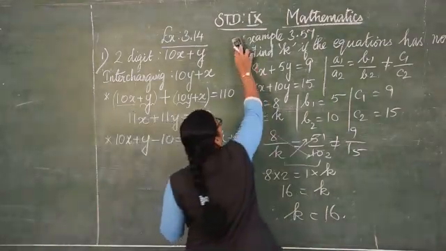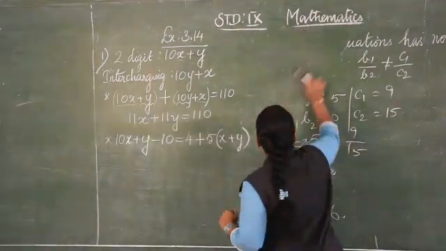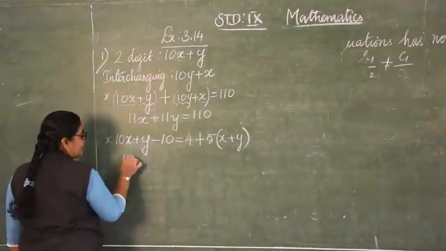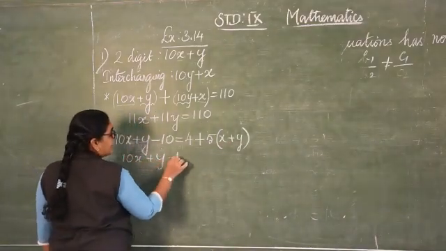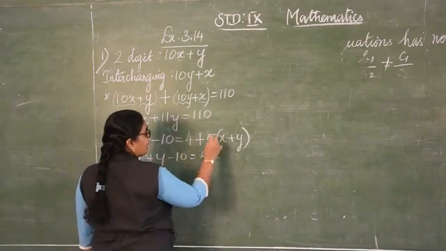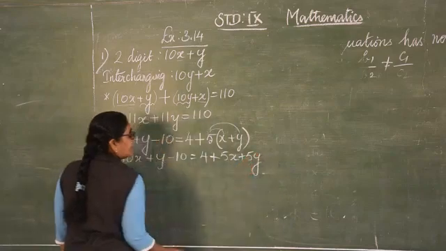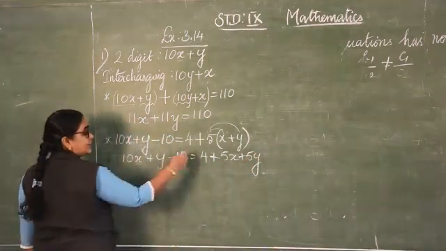Now, how to simplify the second equation? 10x plus y minus 10 is equal to 4 plus, multiply like this, 5x plus 5y. Bring all x and y to one side, numbers to the other side.